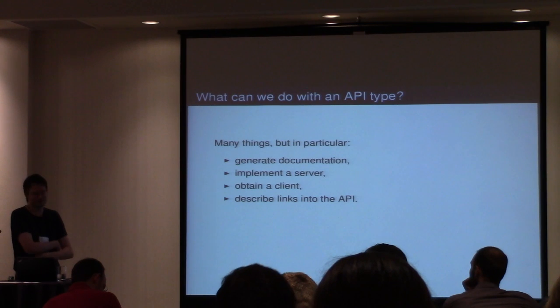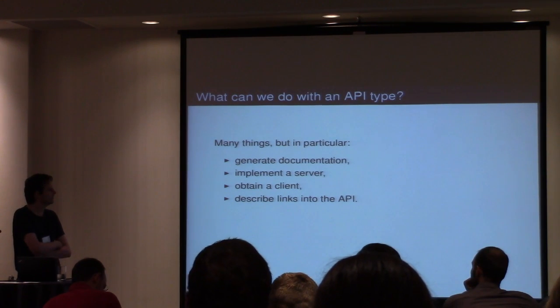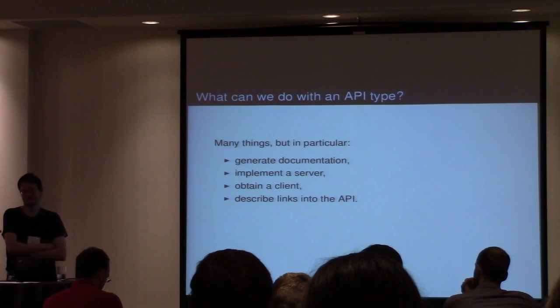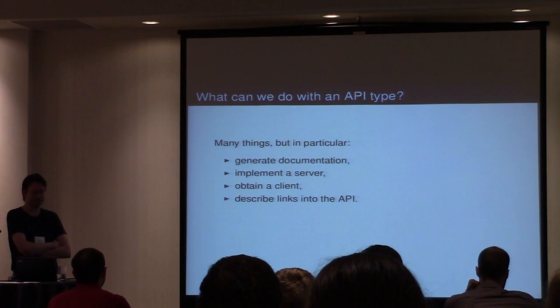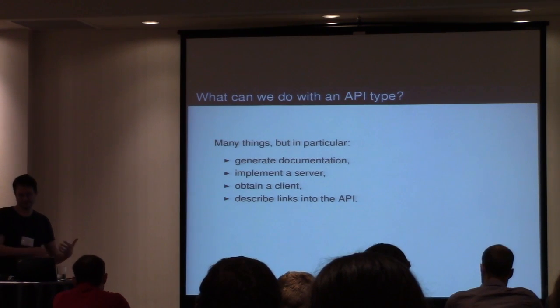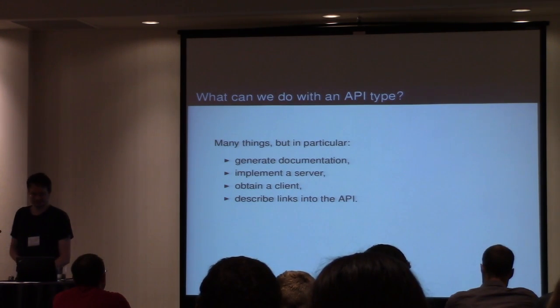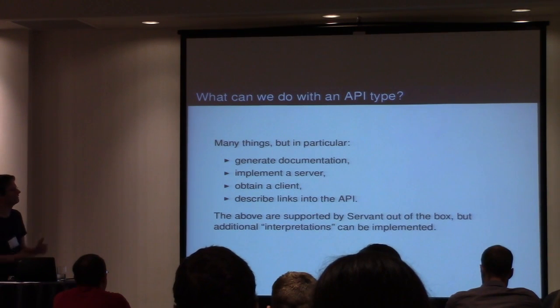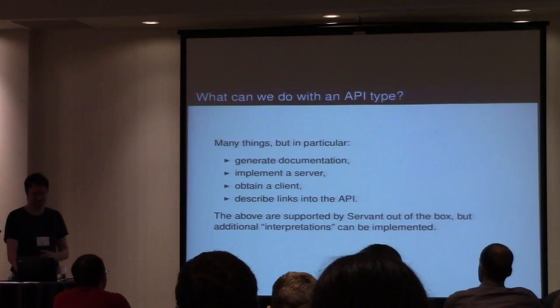You can implement a server that implements that API. You can obtain a client that talks to some other server that implements the API. And you can also describe type-safe hyperlinks within the API.